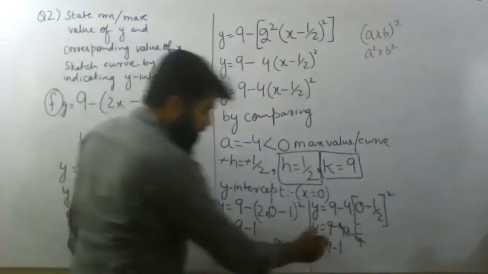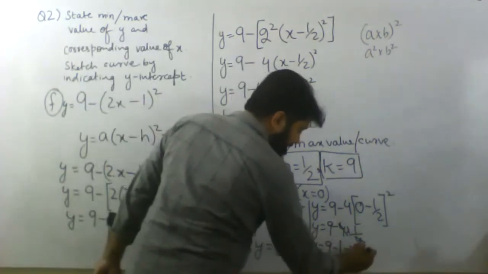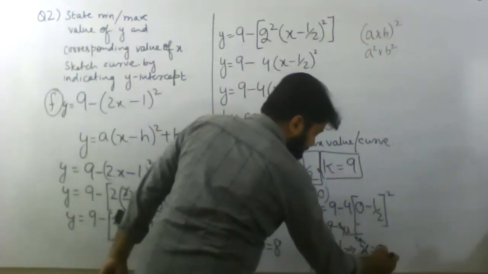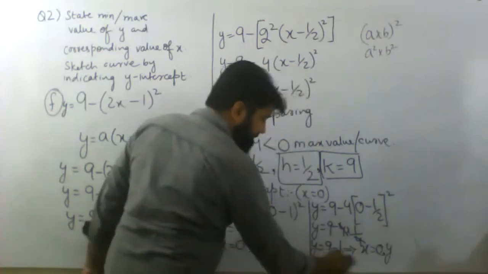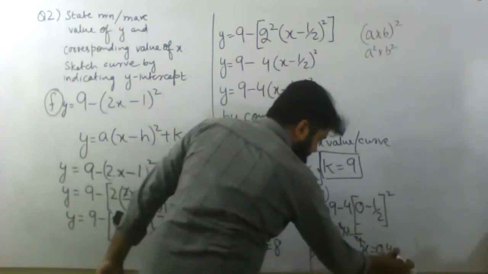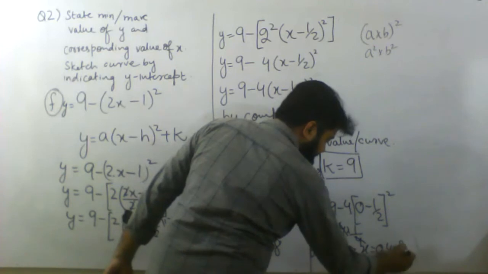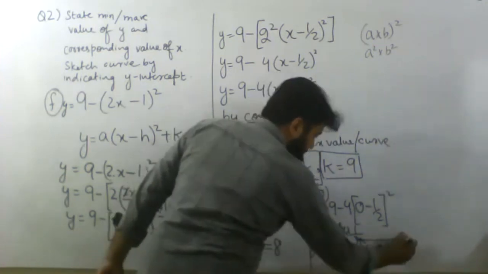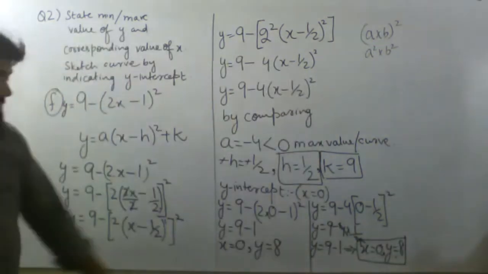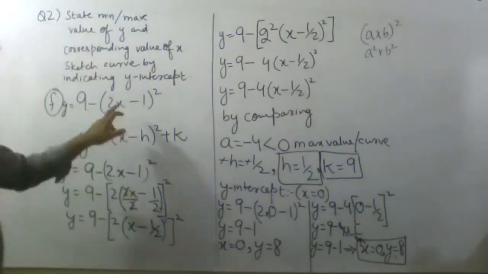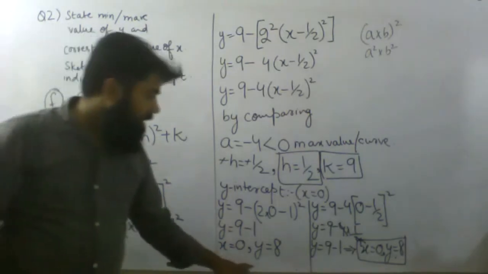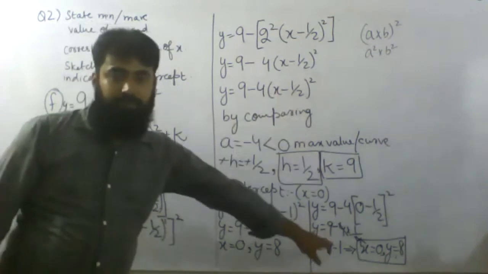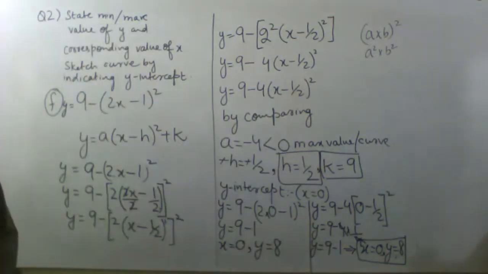So when x is 0, y is coming 9 minus 1 is 8. Your y-intercept, whether you use this equation or this equation, the result will be the same.